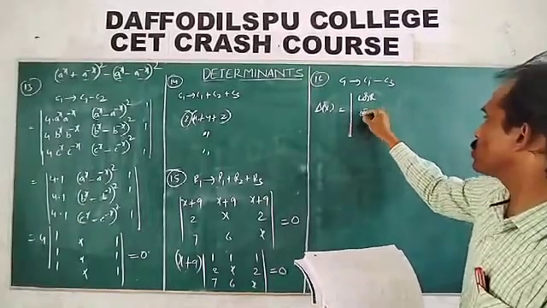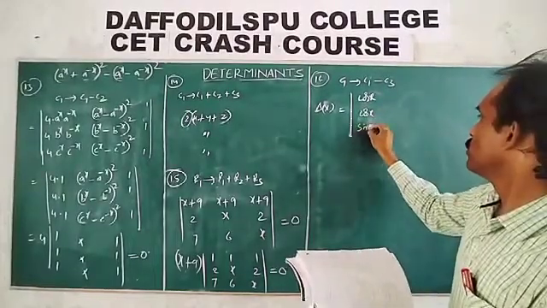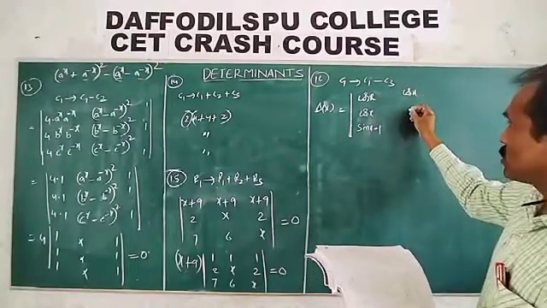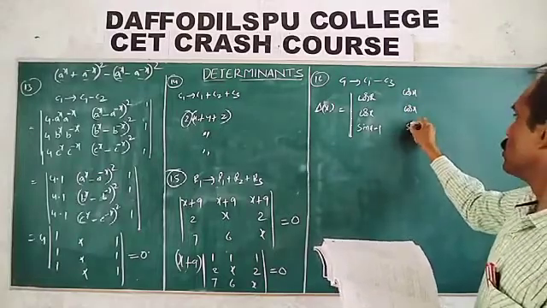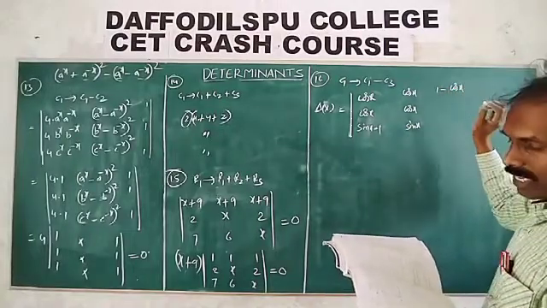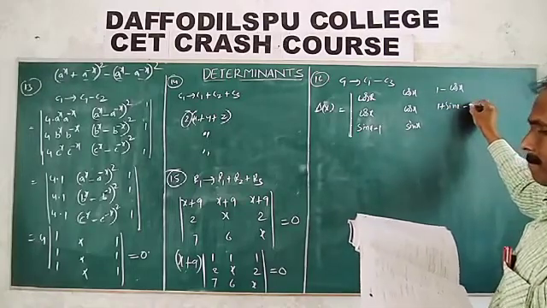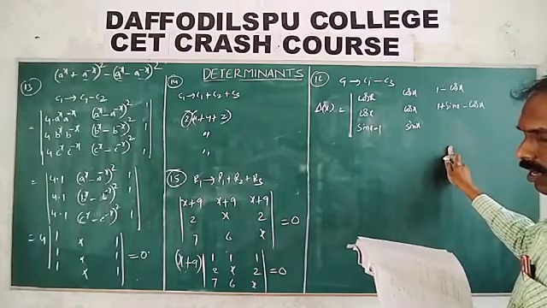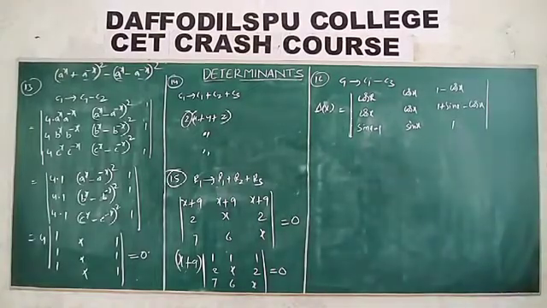Cos x minus into minus plus cos x, sin x minus 1. Okay, better to write it first: cos x, cos x, sin x, 1 minus cos x, 1 plus sin x, minus cos x, 1.